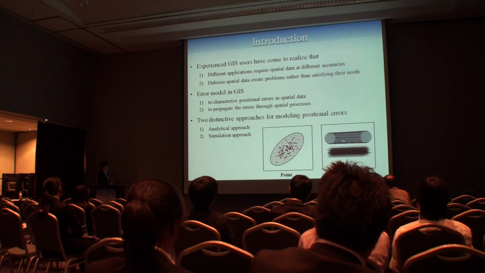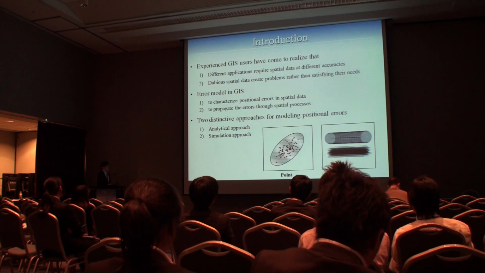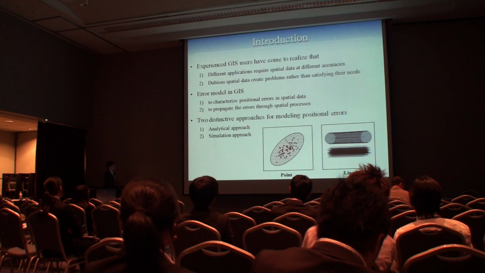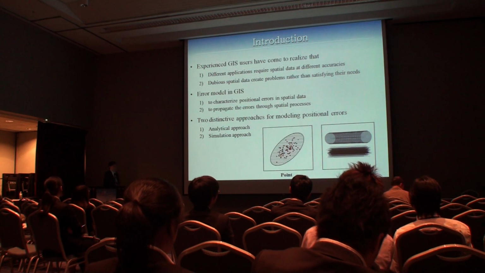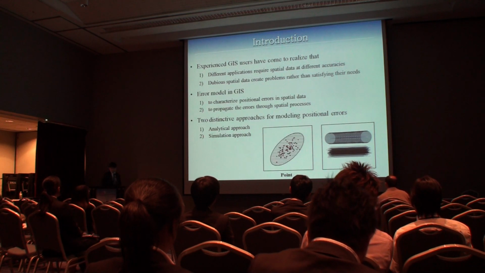The analytical error model is derived by applying the law of error propagation to the covariance matrix and visually describes the positional error distribution along the spatial data. The simulation error model indicates the positional error distribution by generating error-corrupted versions of the same spatial data.